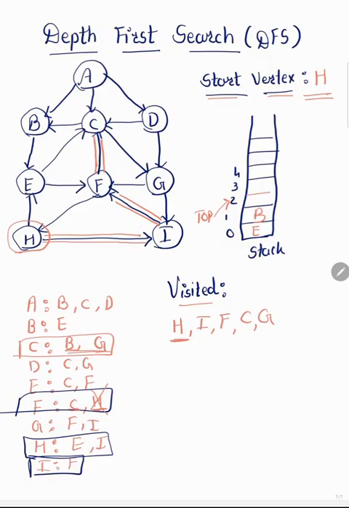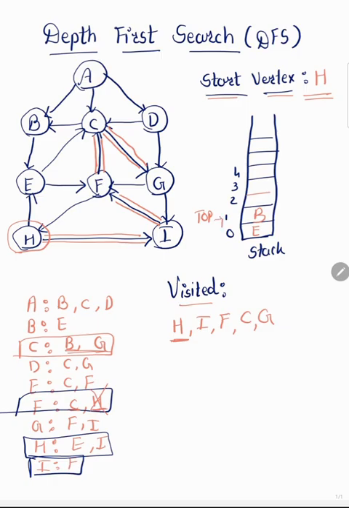Once I mark it as visited, I'll mark it over here as well, that I went from C to G. So my top will be decremented.